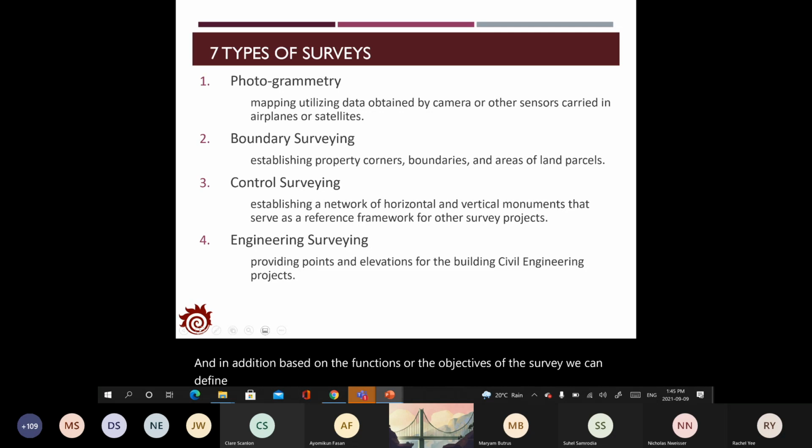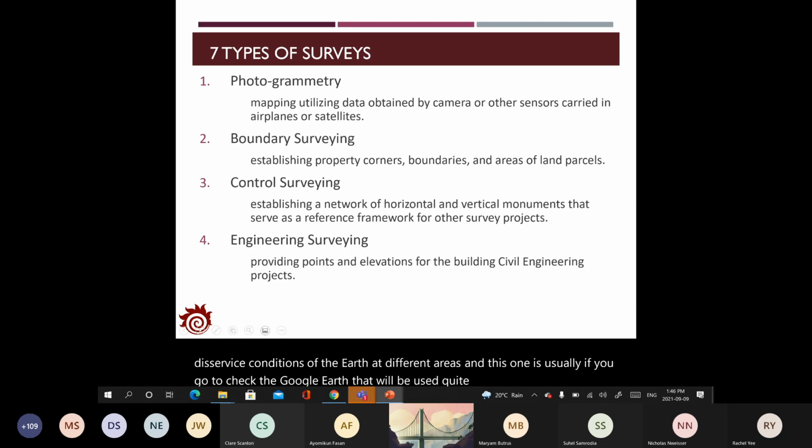We're going to use different types of technologies like cameras, radar, lidar, carried on airplanes or satellites to map the surface conditions of the Earth at different areas. If you go to check Google Earth, that will be quite similar to the result from photogrammetry surveying.